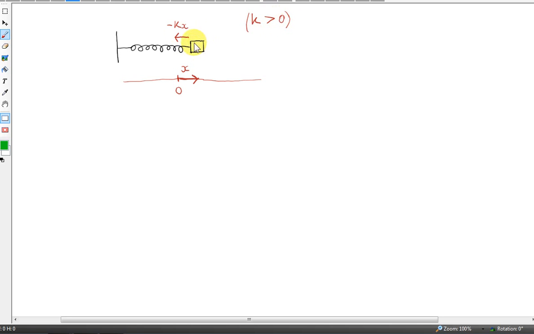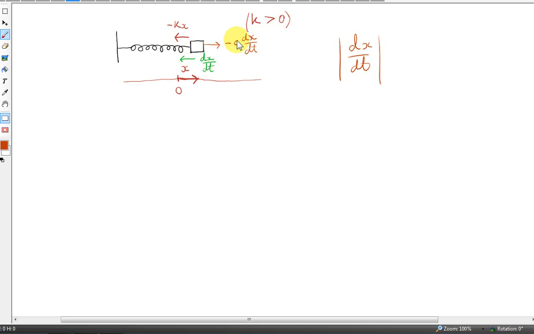Now let's suppose that the velocity of the mass is to the left in this picture. So the velocity vector would look like this. It's dx/dt. We will assume that the friction force is proportional to the speed of the mass. So the speed is the magnitude of the velocity, the magnitude of dx/dt.